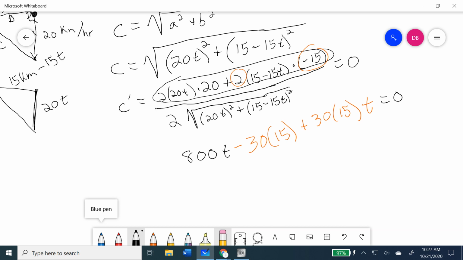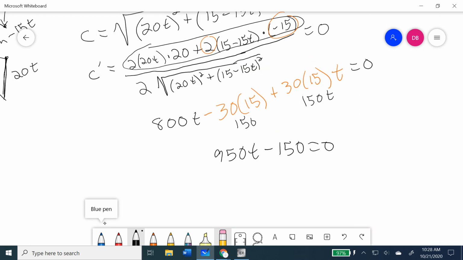Let's see, can someone give me these calculations? Actually, no, wait, that's 150. So 800 plus 150 gives me 950 times t minus 150 equals 0.